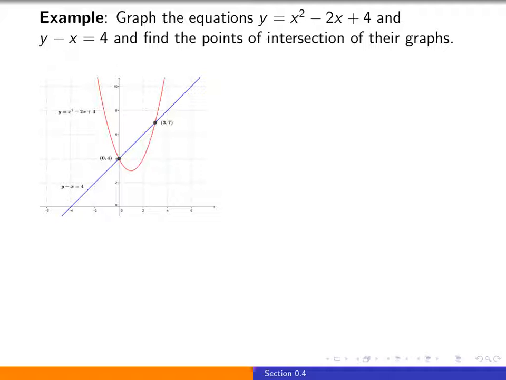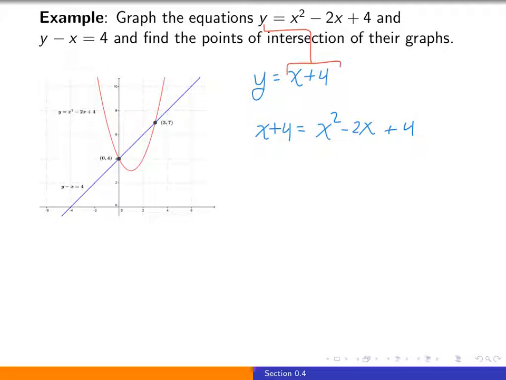Now let's go ahead and find their points of intersection. We have y equals x plus 4. Let's go ahead and plug this in for y in the second equation. So x plus 4 is equal to x squared minus 2x plus 4. And now what we would like to do is get all of the x's on one side.